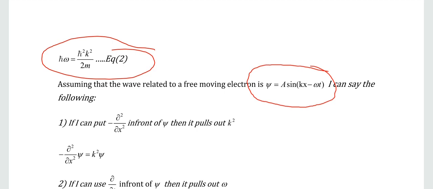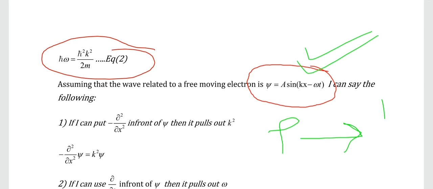Now, can you tell me, in this particular equation, where is the information of momentum? Of course, the information of momentum is with k.